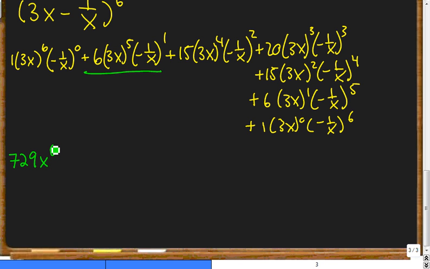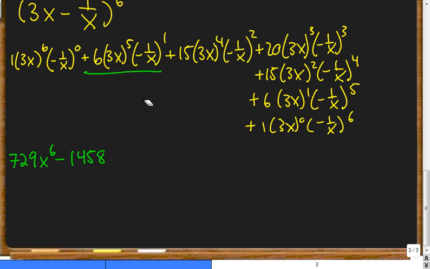So we have 6 times 3 to the 5th. 3 to the 5th is going to be 243 times 6. Let's see. 243 times 6. It's 1200, 240, 1458. Is that right? I think so. So this is actually going to be minus 1458 because of this negative sign here.